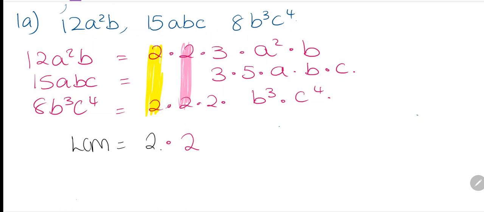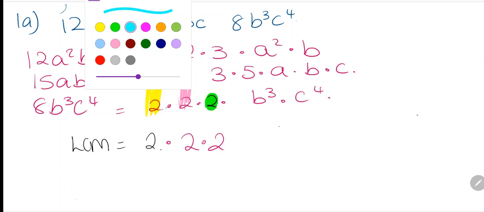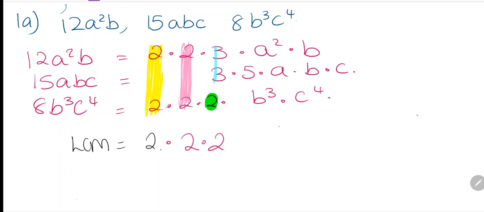Now if we look at the next column, we have a 2 on its own, so that's the highest in that column. Then we have 3's, so the highest is going to be a 3. And then we have a 5, so multiplied by 5.